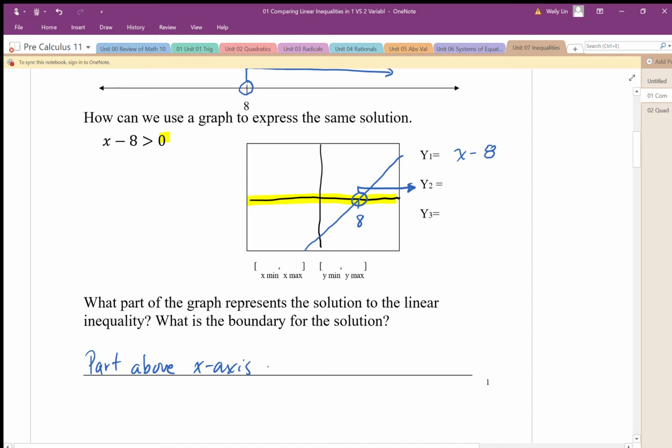And the boundary is going to be where it's equal to, where x is equal to 8. So the boundary is the equal to part, and from that boundary, either going one-dimensionally to the right or one-dimensionally to the left on the number line.